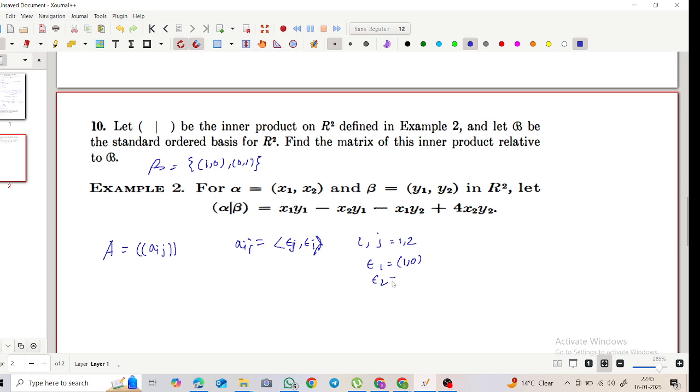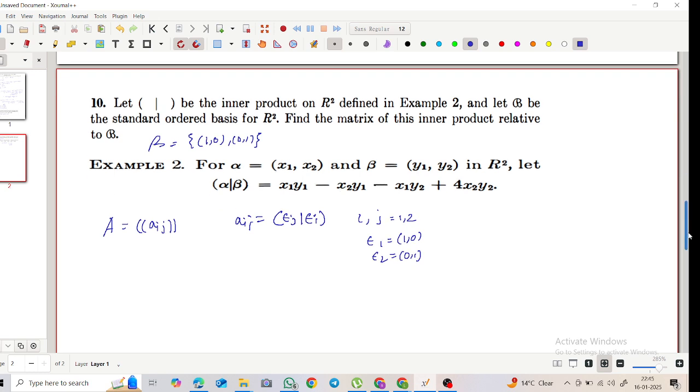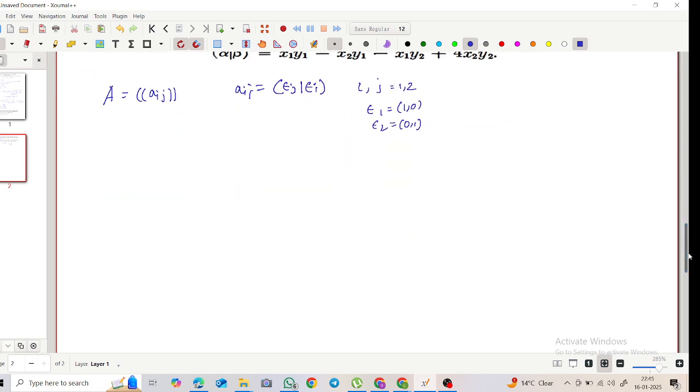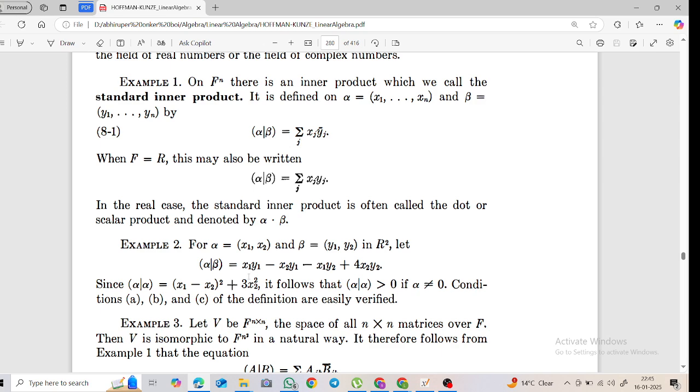Just compute the matrix. Compute epsilon 1, epsilon 2, the inner product of epsilon j, epsilon i, and write it as the ij-th entry. That's how we compute an inner product matrix. By definition, that is the inner product matrix of that particular inner product.